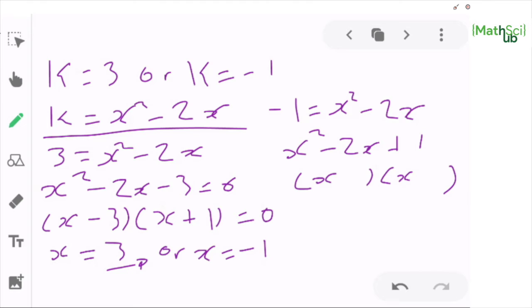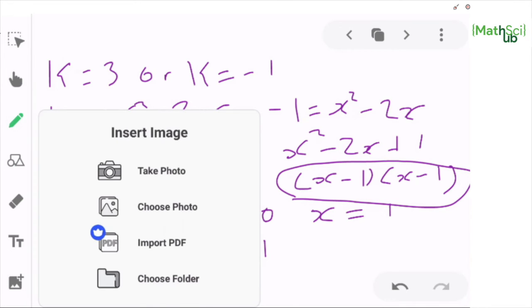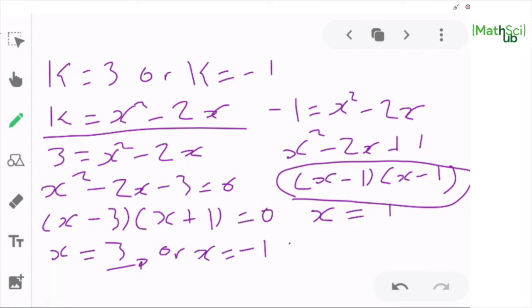Our factors in this case are minus 1 and minus 1. So x equals 1, because we can write this as one thing, because we have a perfect square on this other side. Meaning now your final answer, therefore, your x equals 3, or your x equals negative 1, or your x equals 1.